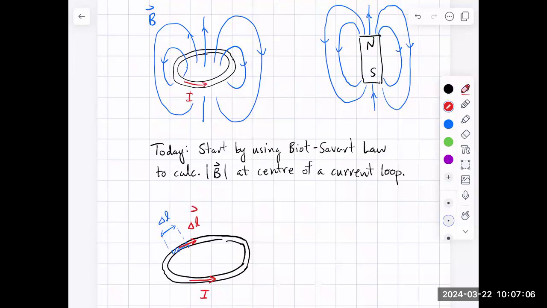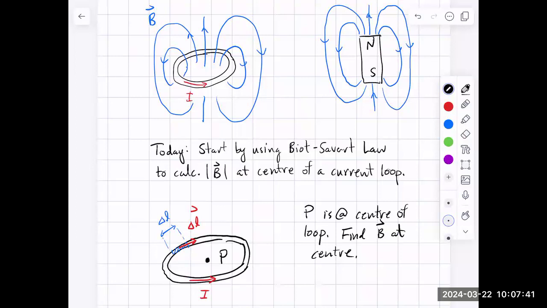And what we're going to be interested in is finding the magnetic field at point P in the center of the loop. So P is at the center of the loop, and we want to find the magnetic field at the center.